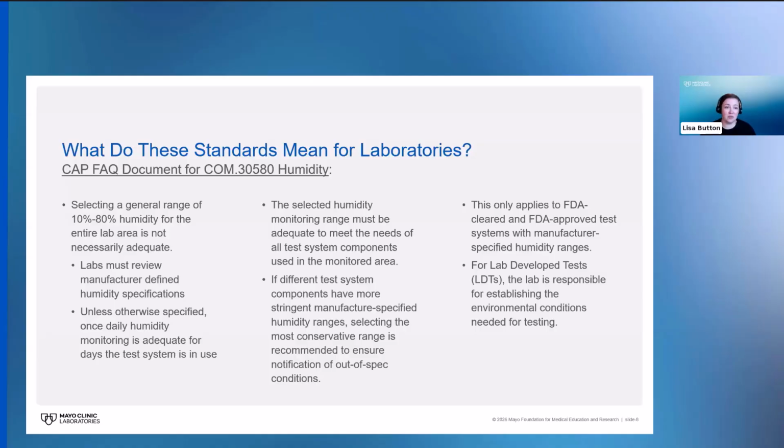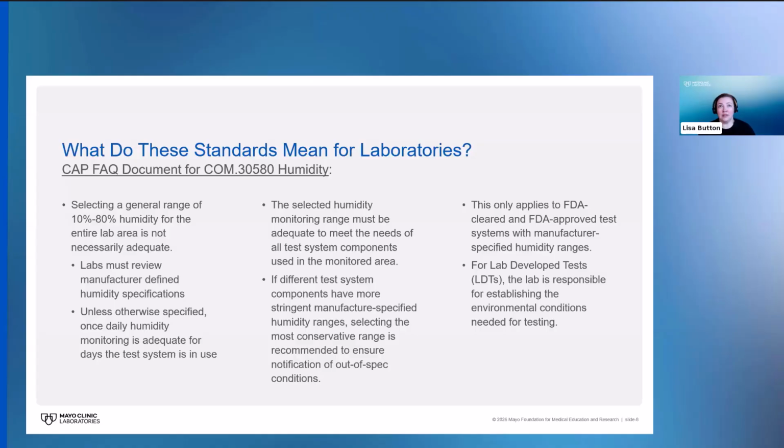Things that we've suggested within the labs that we support is that if it's a very large lab space and maybe there are multiple test systems being operated within that area, that they're getting a humidity sensor near to that item so it's as accurate a reading as possible rather than having it on one end of the lab, but testing is also occurring on the other end of the lab and you might not know what the humidity is over there.